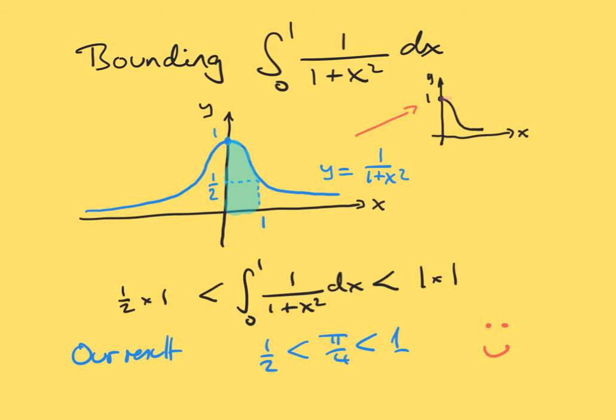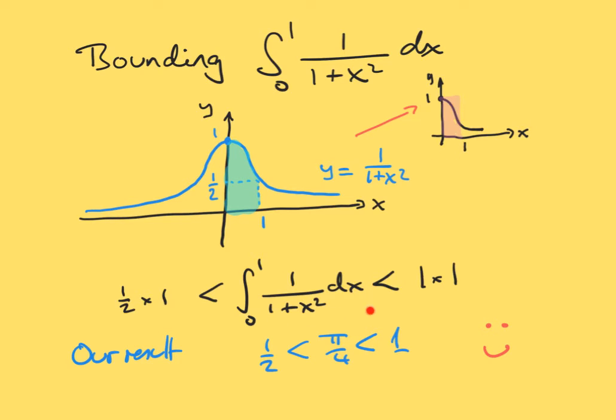I'll just draw it like this, then down here. And this is a rectangle of height 1 and base 1. And that area, this pink shaded area, is greater than this.